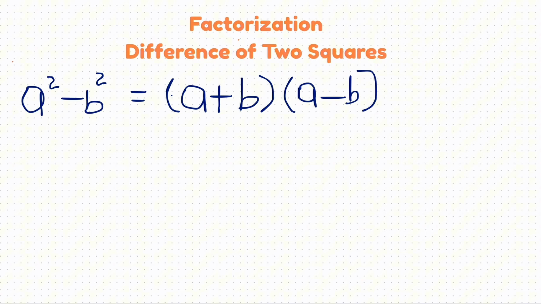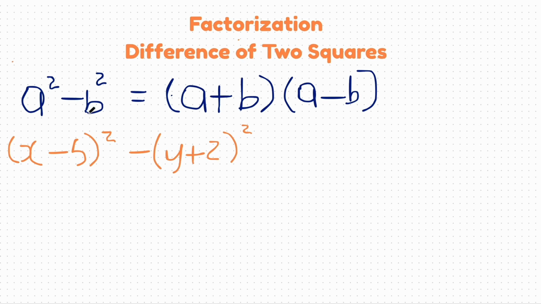So what if you were given x minus 5 squared minus y plus 2 squared?